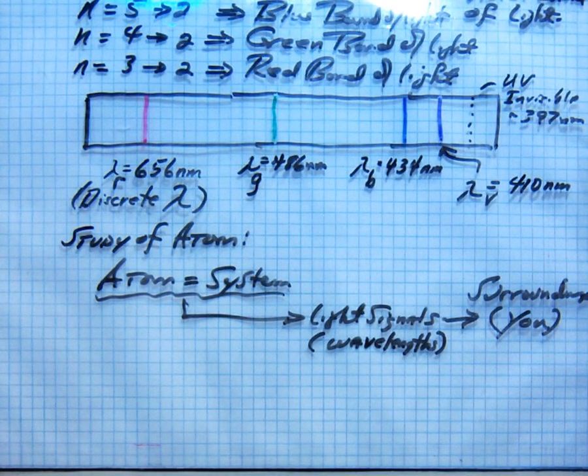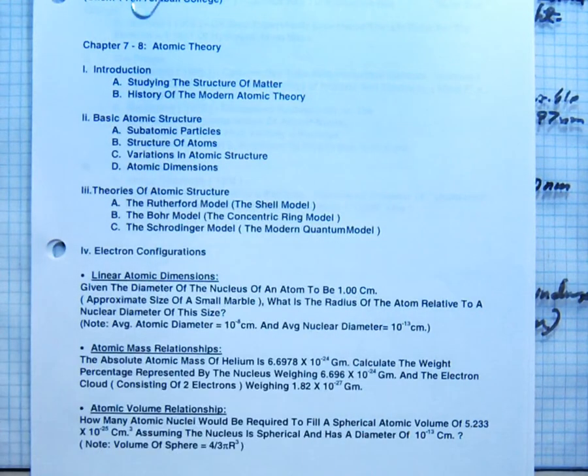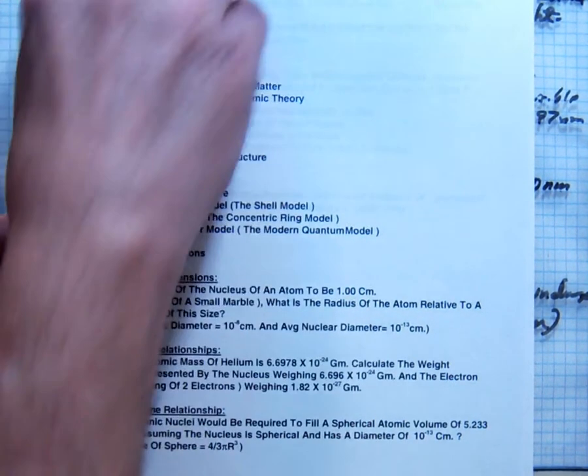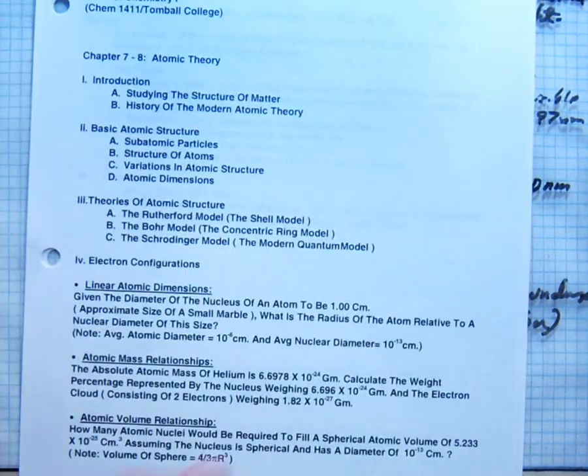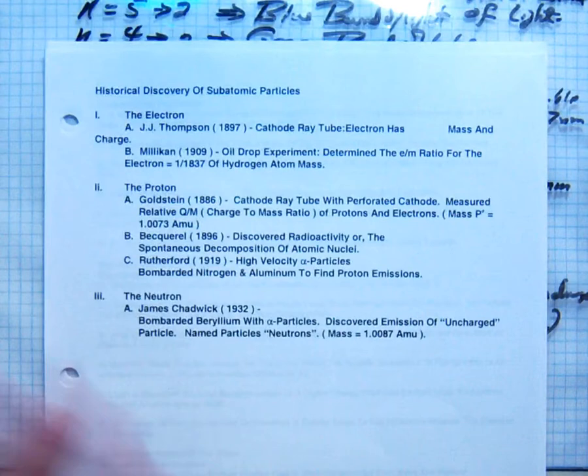Now, in your outline, there are a few comments on the history of development of particles of the atom. If you have your outline or not, just remember, it serves no purpose for me to read all this to you. J.J. Thomson was the first one to discover the electron. Then Millikan discovered the charge and the electron mass ratio.